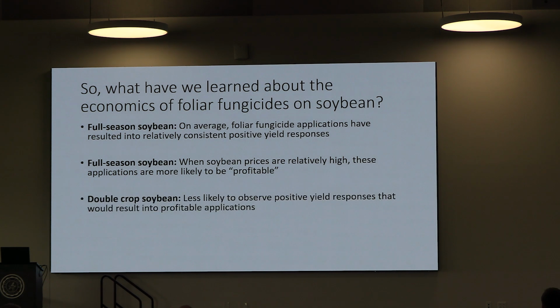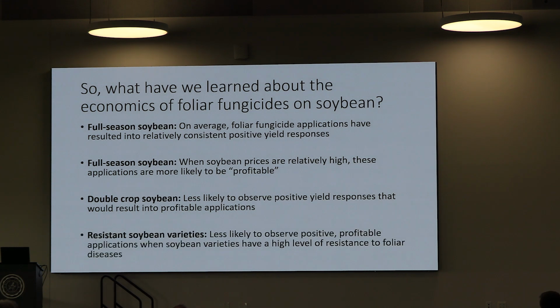From our data, through the multi-state data, as well as some additional data from Kentucky, we're less likely to see those positive yield responses that would result in profitable applications. And again, with the resistant soybean varieties, less likely to observe those high yield responses.